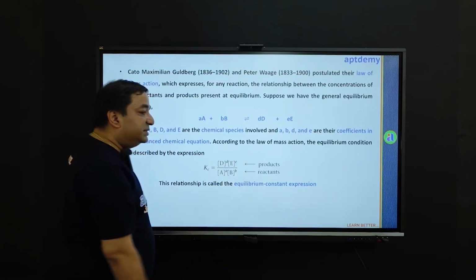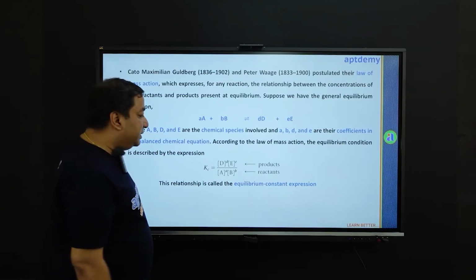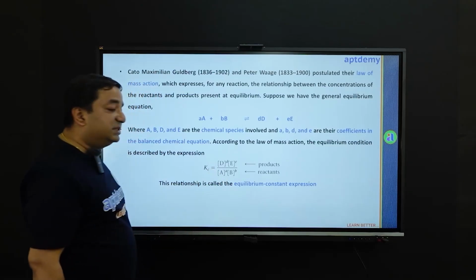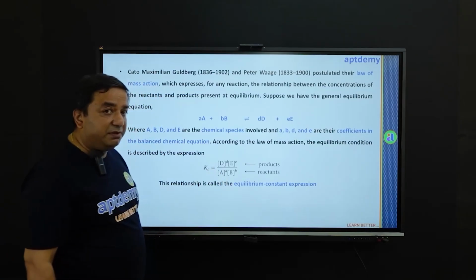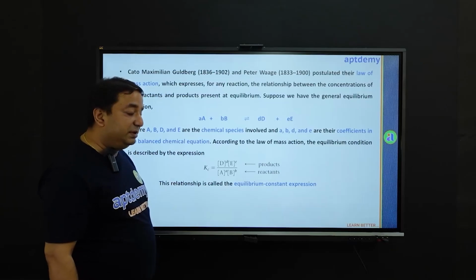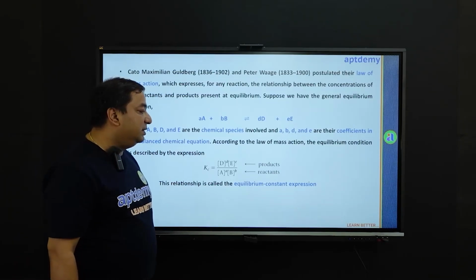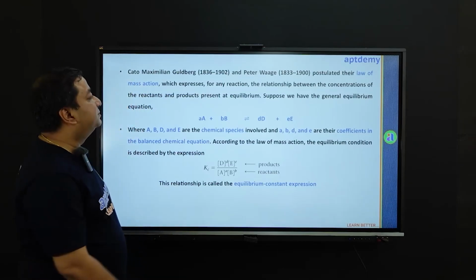The reactant concentrations will be in the denominator: the concentration of A raised to the power a, the concentration of B raised to the power b. This relationship is called the equilibrium constant expression.